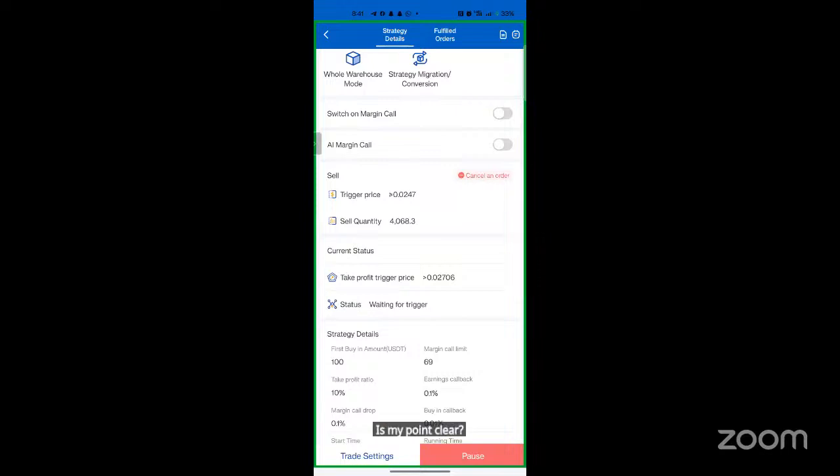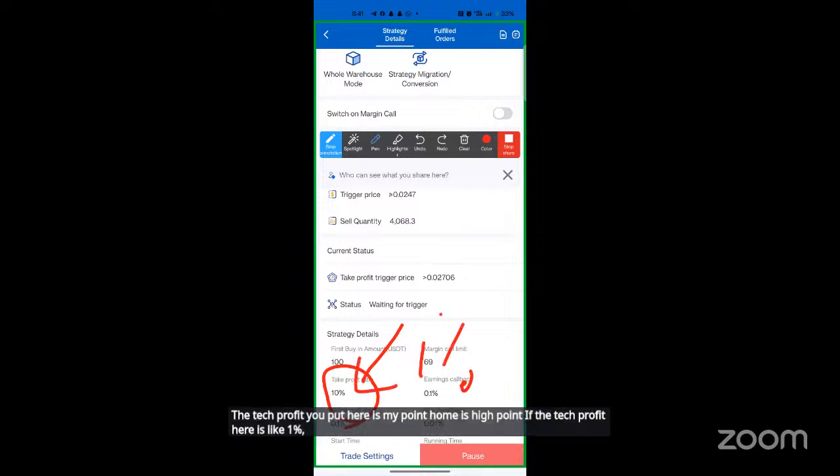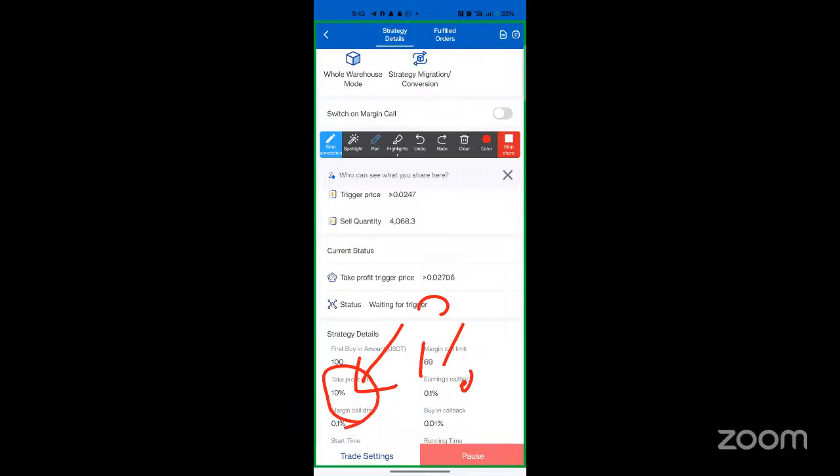Make sure, guys, the take profit you put here is high, because if the take profit here is like 1%, the robot will consider what will happen first. Is my point clear? The robot will consider what will happen first.